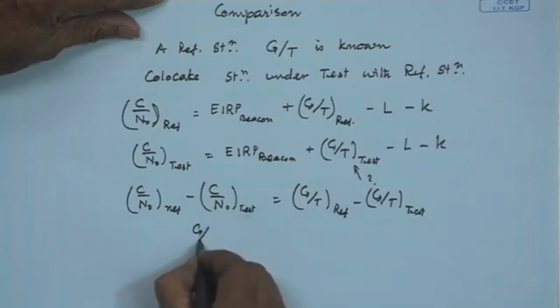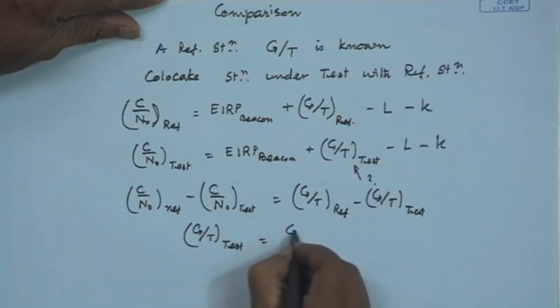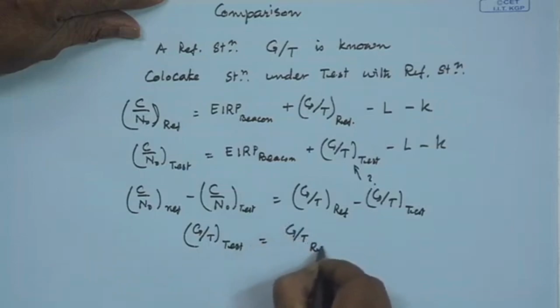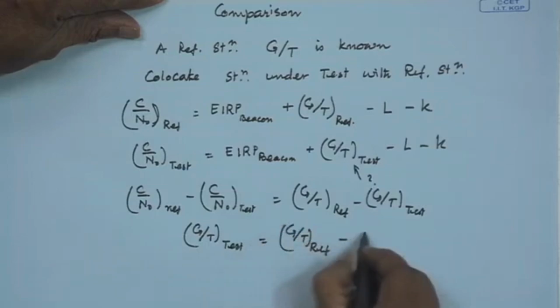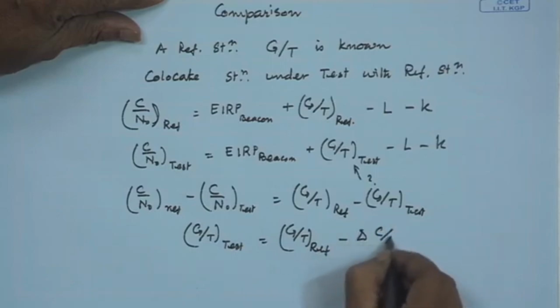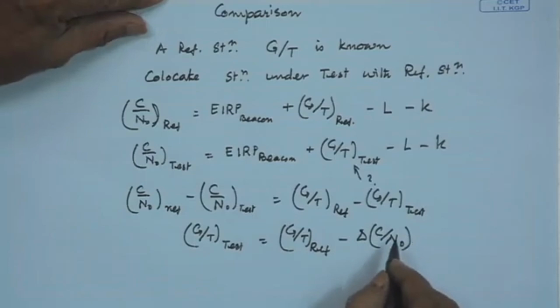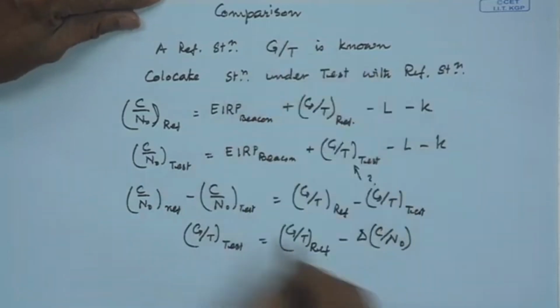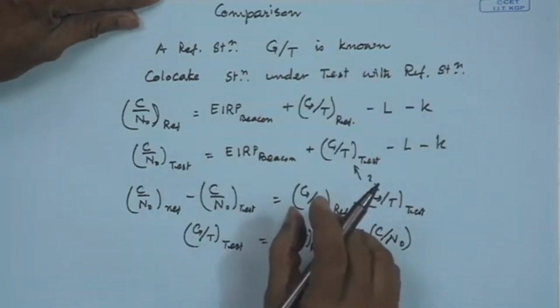So, G by T of the test system is equal to G by T of reference minus the delta C by N naught of these two measured values. So, simply by comparison, by co-locating a station, you can measure the G by T of a test system.